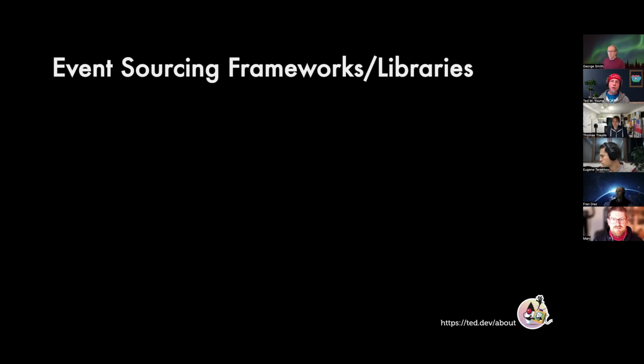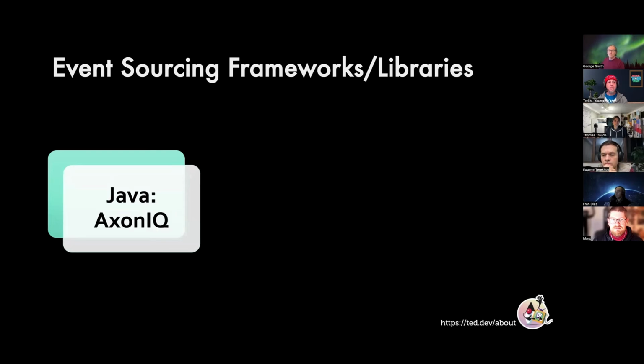When I started looking at event sourcing, one of the things I was looking around for were frameworks and libraries. In Java, unfortunately, and I find it a little strange, the only framework that has gotten any kind of widespread mindshare is Axon IQ.